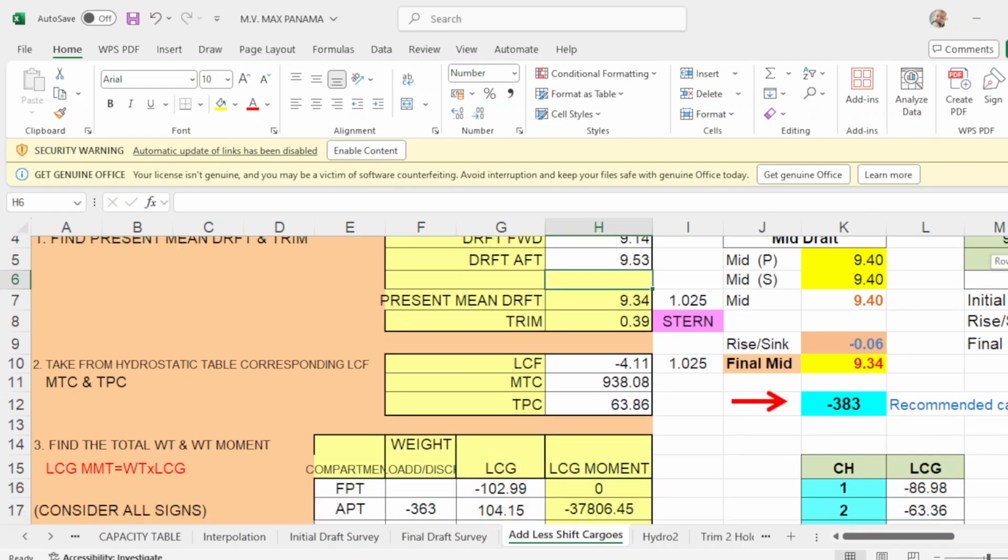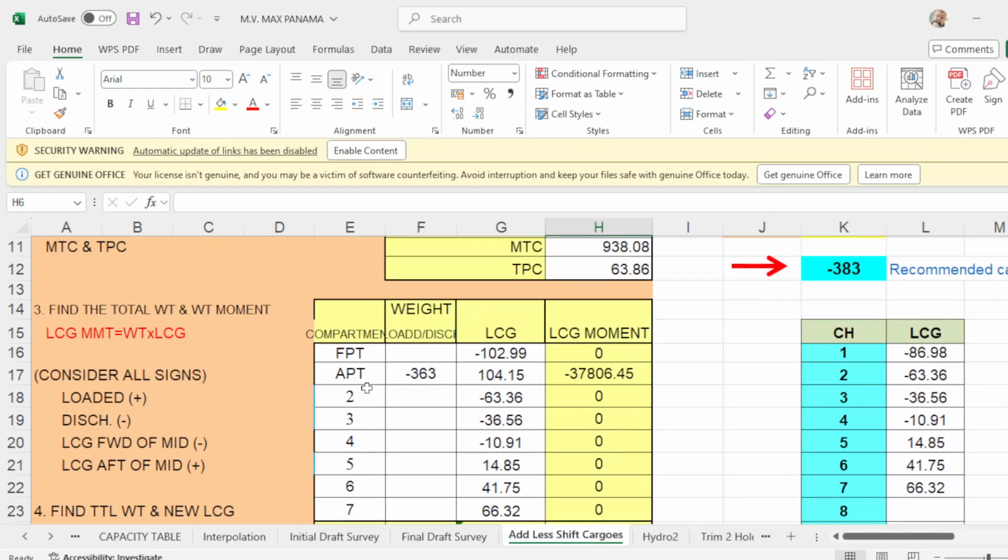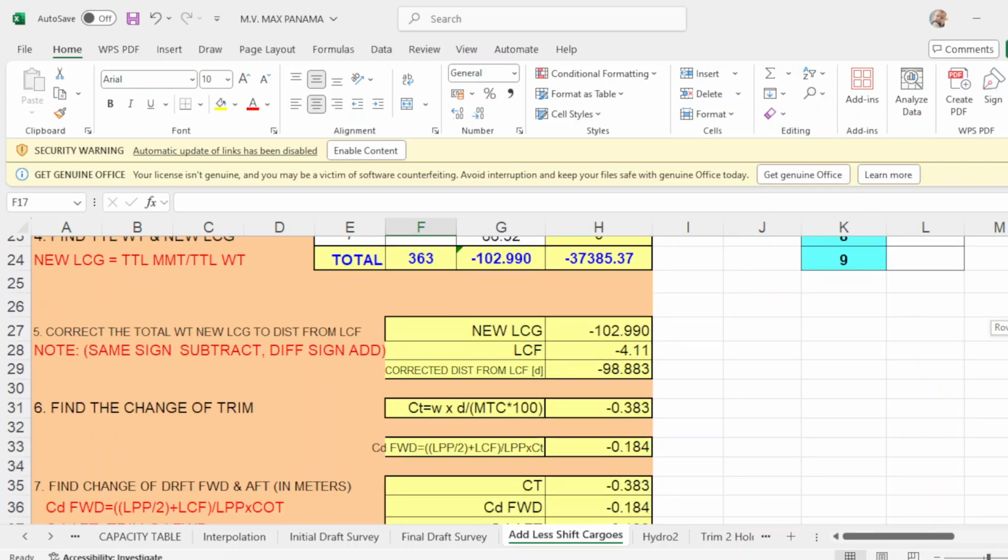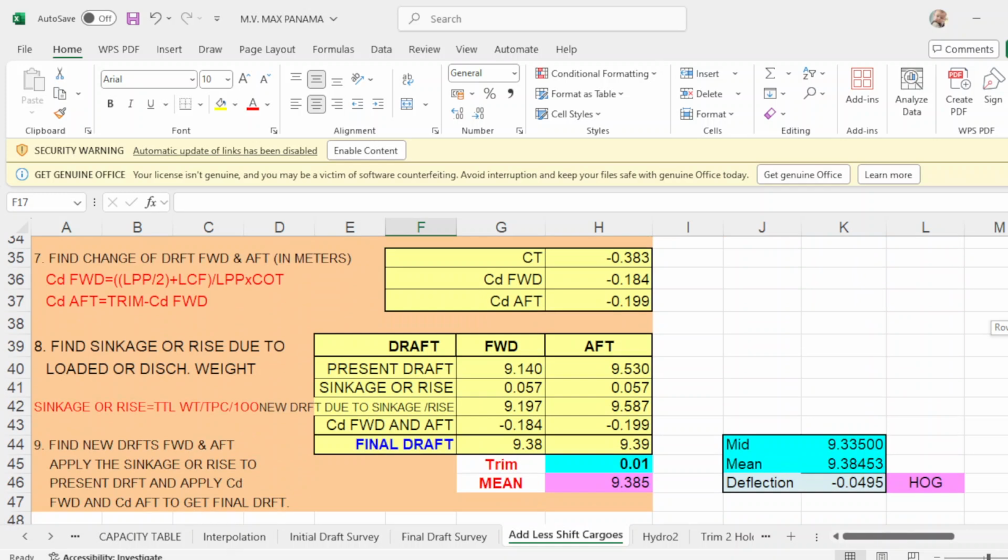Then you shift the ballast to fore peak, which is positive 363, and take out the value in after peak because you already shifted to fore peak tank. And the final drop would be almost even keel of 9.38 forward, up is 9.39.